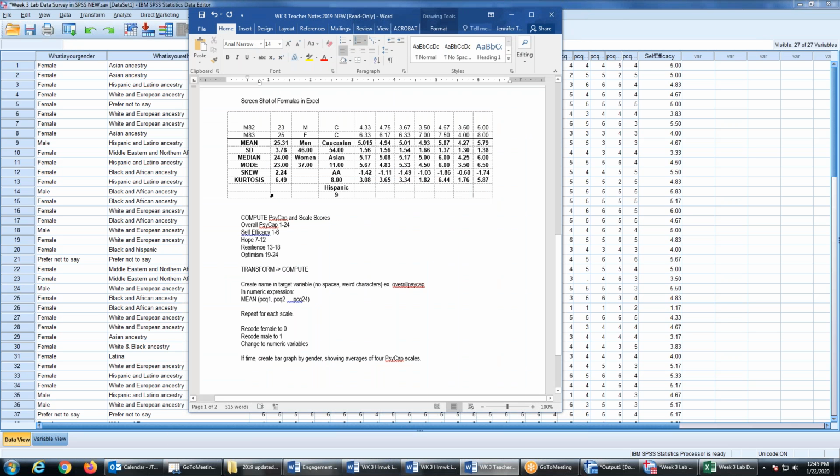Let's see. Recode, email. That's the same thing we just did with the numbers. But okay, each time create a bar graph by gender showing averages of the 4 SciCap scales.